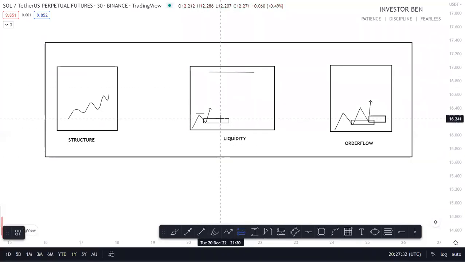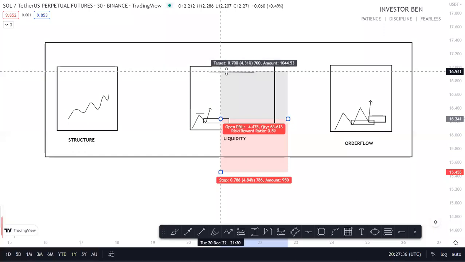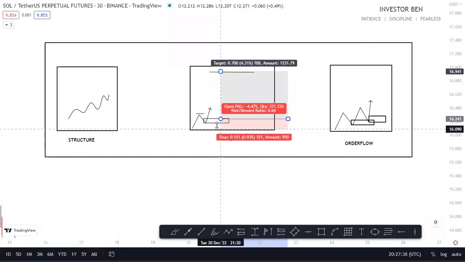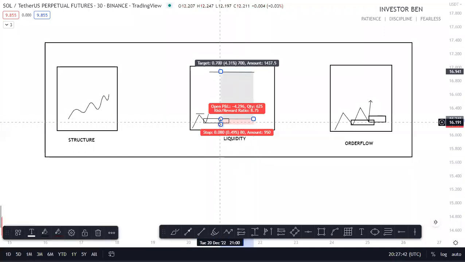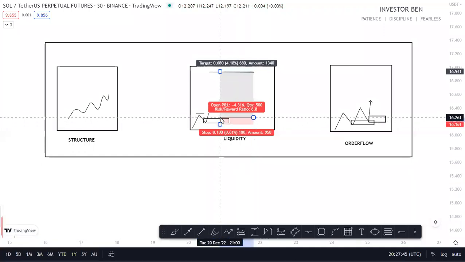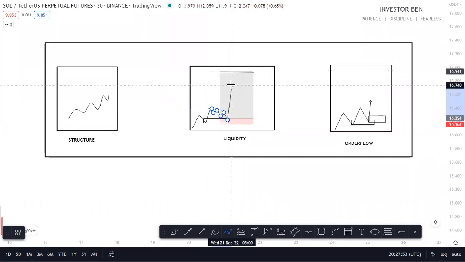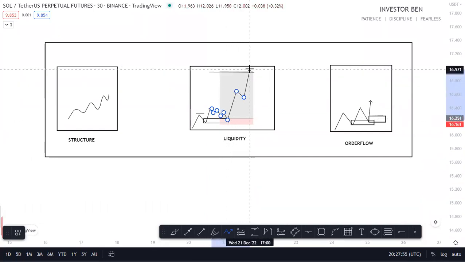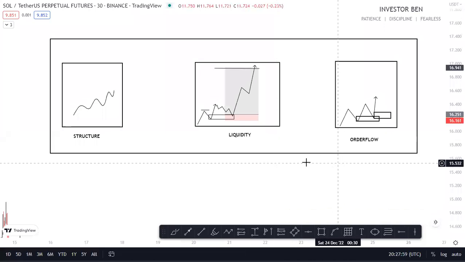Then all you could do is set your TP target at that liquidity, expecting price to trade towards that region, and in the process of taking the liquidity out, you will hit your take profit target, right? As price triggers your entry to take out liquidity, in the process price will hit your TP, and then that trade will be a well-delivered trade, right?